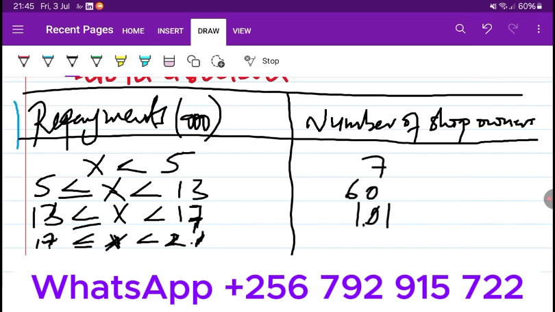Then here we have 21 less than or equal to x less than 25. So here it is 70. Then down here it's the 30. So move downwards.